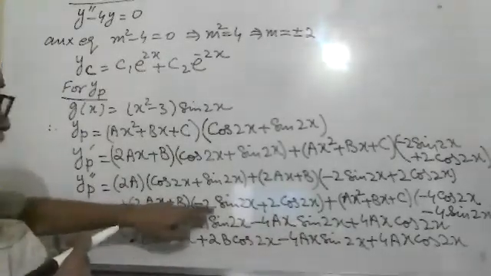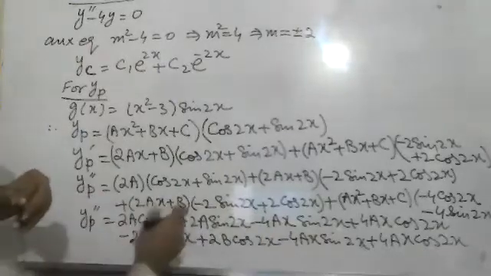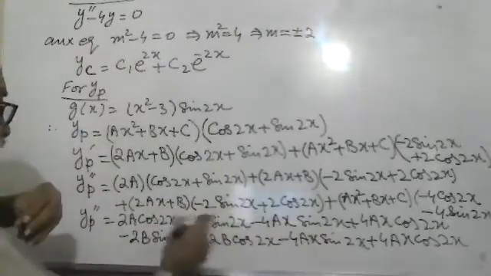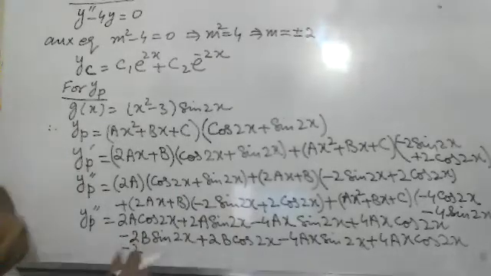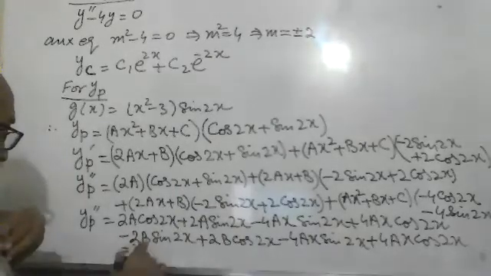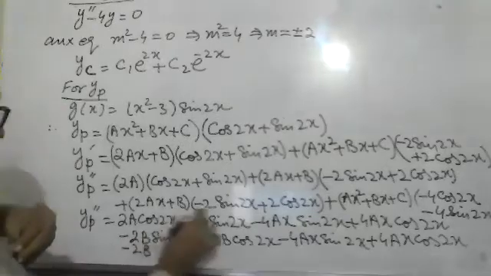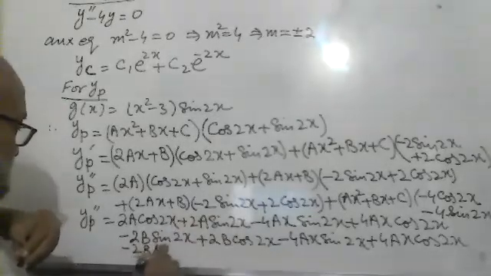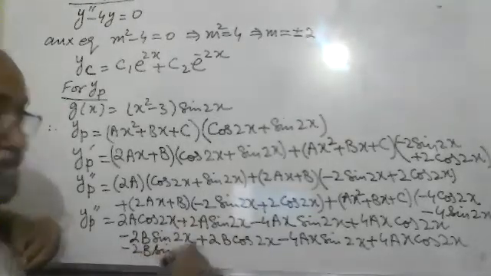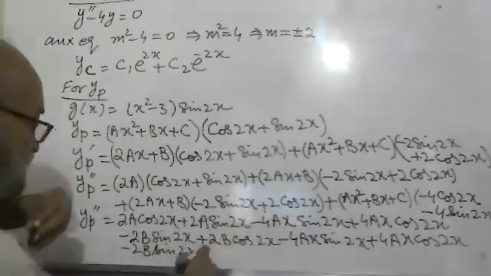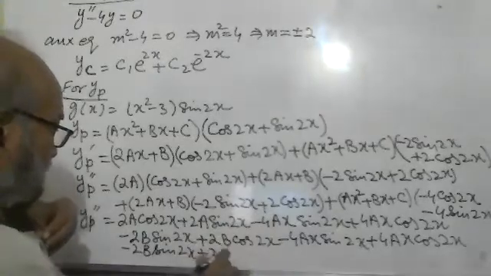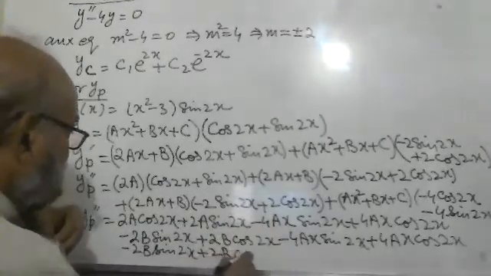Then we'll multiply b into minus 2 sine 2x will be minus 2b sine 2x. Then b is multiplied with this one, will become 2b cos 2x.